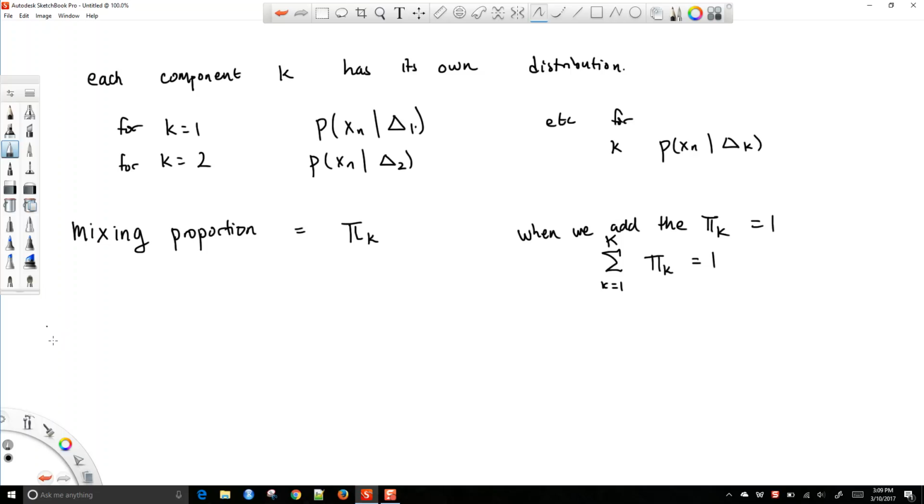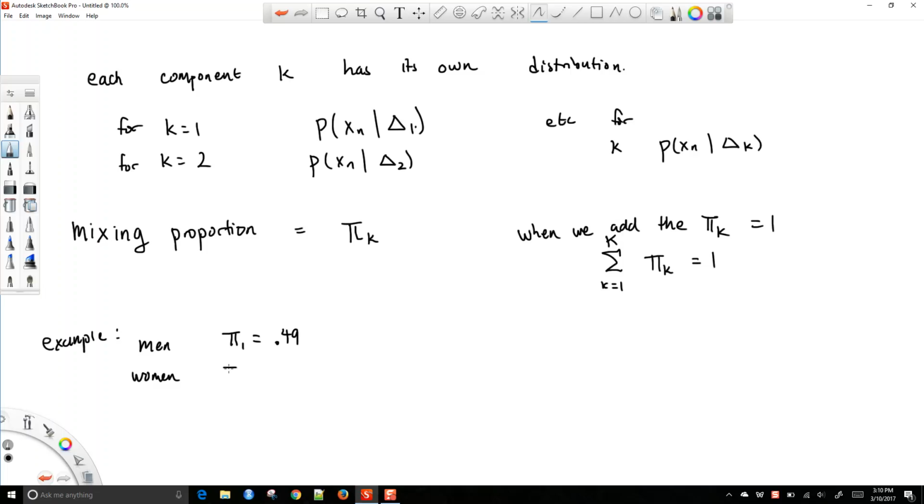All right, so, an example. Let's say we're talking men and women again. Maybe pi 1, for men, is equal to, I don't know, what proportion of the world is men? Like 49%? Something like that.